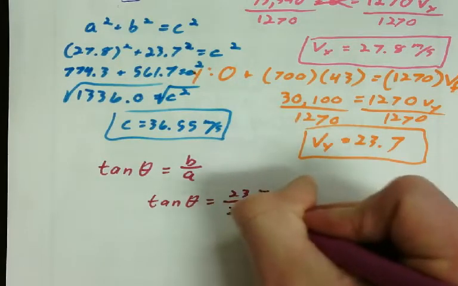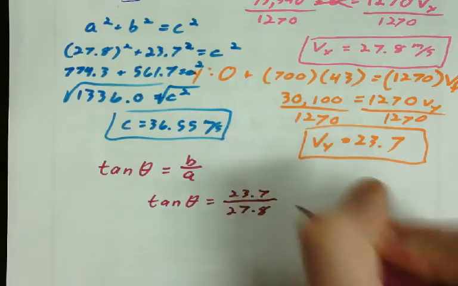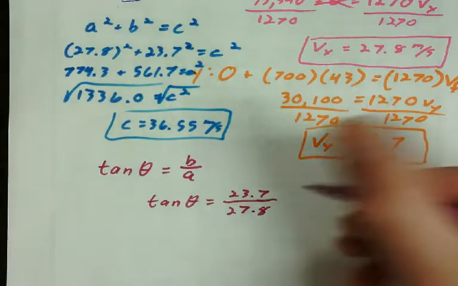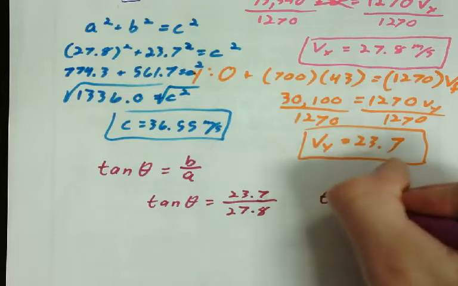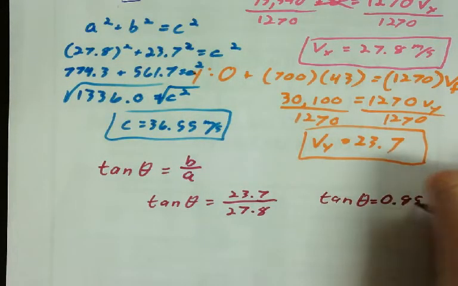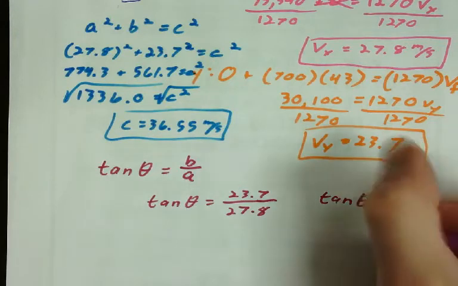Notice I'm using after numbers, not before numbers. So 23.7 divided by 27.8 gives me tangent theta equals 0.85. Now, I don't want tangent of theta, I want just theta.